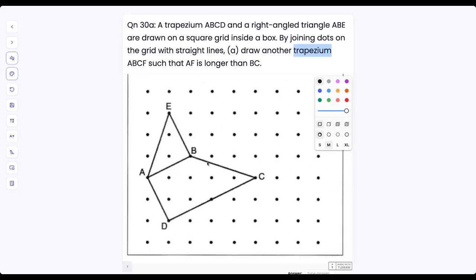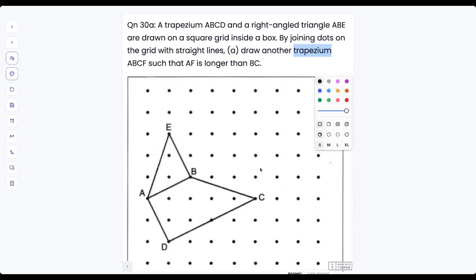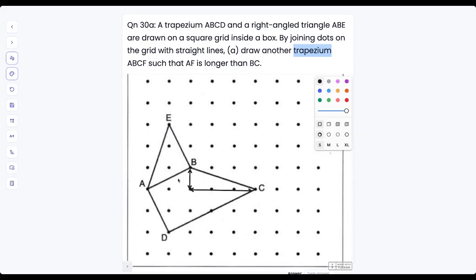So how do you measure the length of something like this, a slanted side? We can make this smaller a bit. Oh no, I want my arrow. Okay, so we can actually measure this and this, the length of BC. The length of BC is basically one space apart with 1, 2, 3.